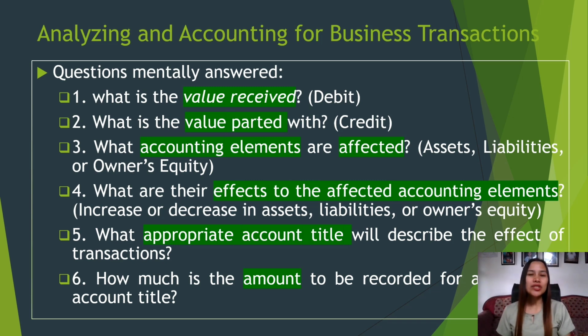So, those are the questions mentally answered when you analyze and account for business transactions: the value received, the value parted with, the accounting elements affected, the effects on the affected accounting elements, the appropriate account titles to describe the effect of transactions, and then the amount to be recorded in that particular account title.